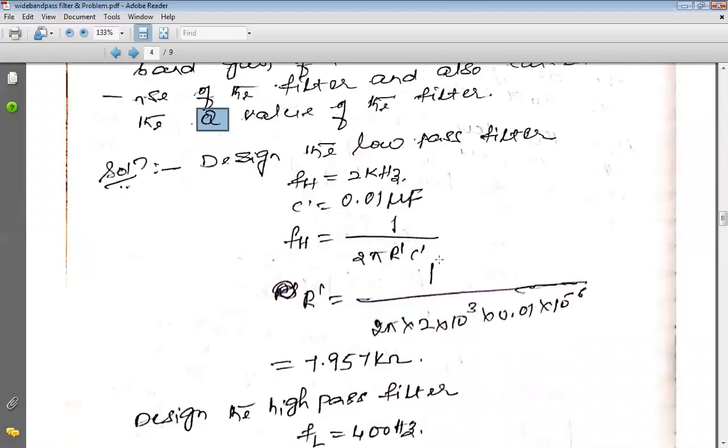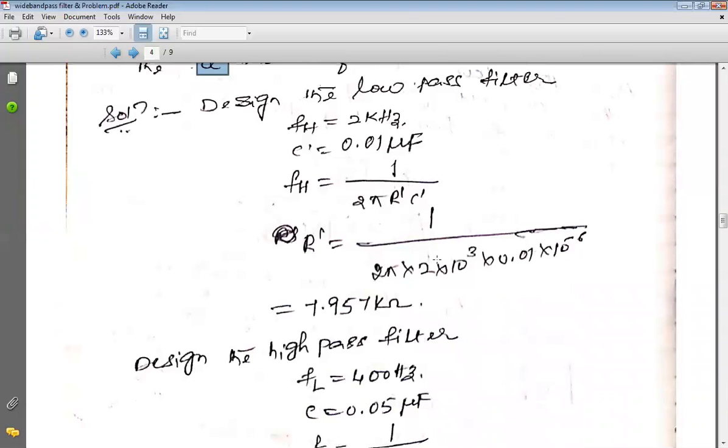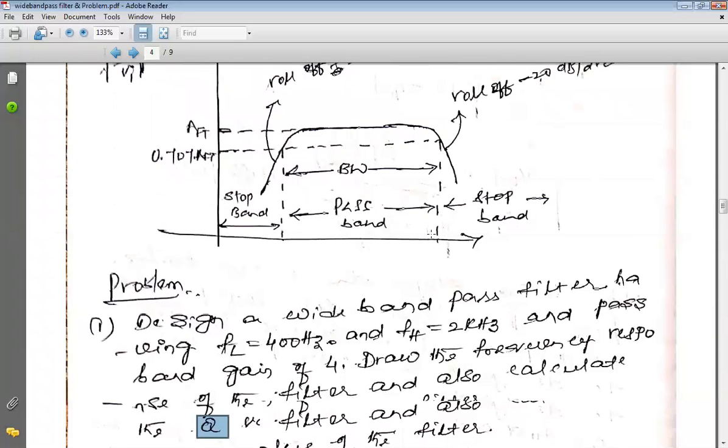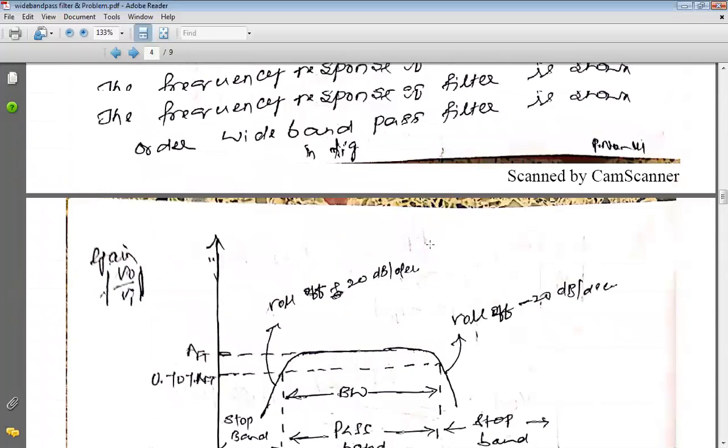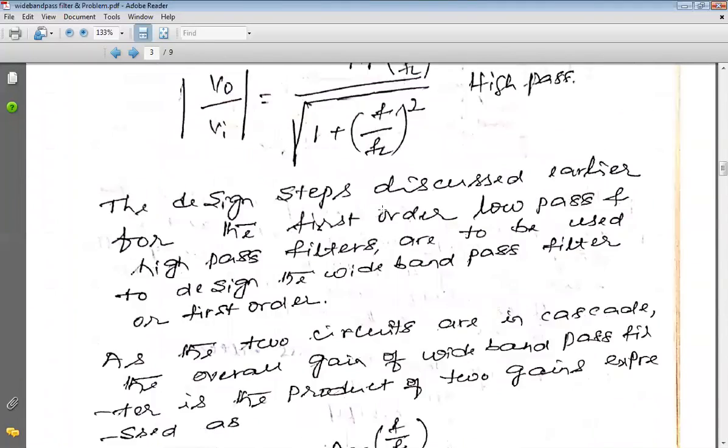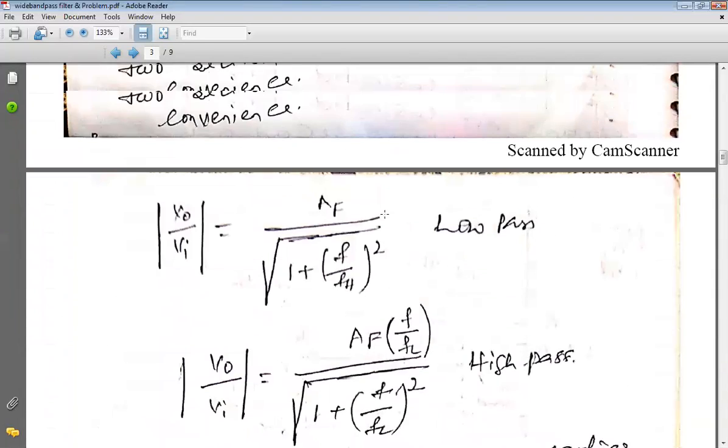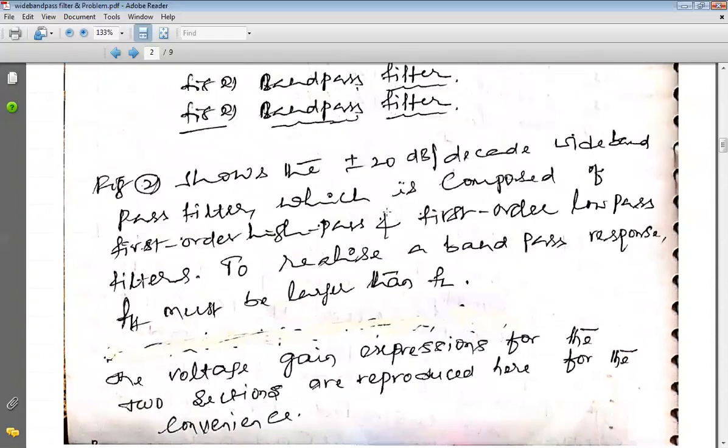Here we will discuss how to design. What are the things we have to design? The values of the low pass filter and the values of the high pass filter, the various values we discussed in the previous section. I will show the circuit.